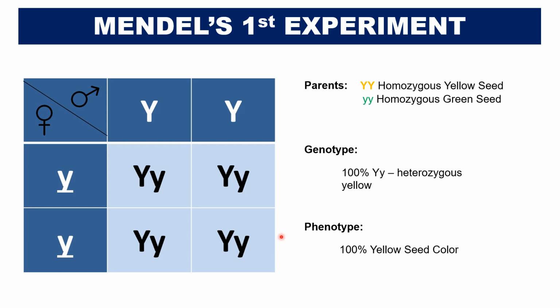You can try plotting on your notebook the other characters and confirm the results of Mendel. You will get the same results, 100% genotype and 100% phenotype for the dominant trait.